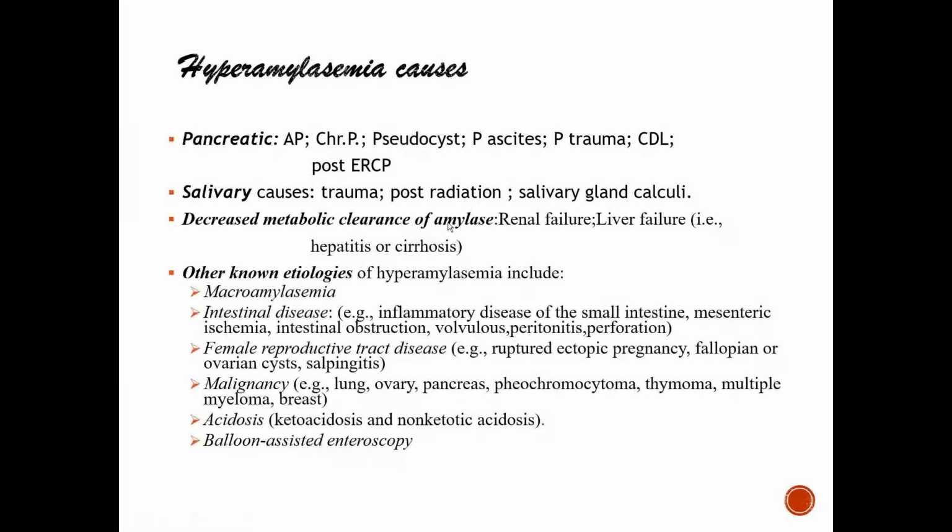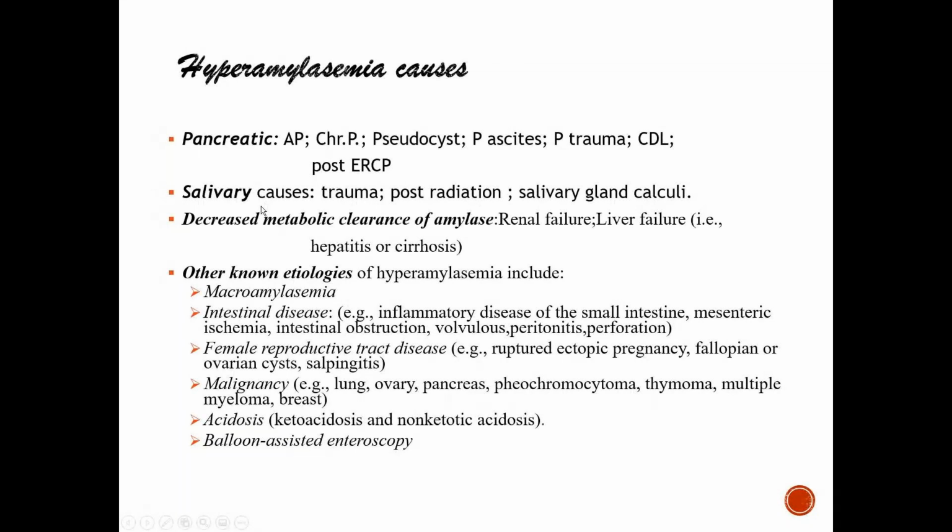So with any kind of liver decompensation, you'll have a raised amylase level. That doesn't mean the patient has pancreatitis, right? In pancreatic conditions, it's not only acute pancreatitis that raises amylase level. You have chronic pancreatitis, cirrhosis of pancreas, pancreatic ascites, trauma, choledocholithiasis, and you can have a post ERCP rise in amylase. Salivary causes are again a second group of important causes.